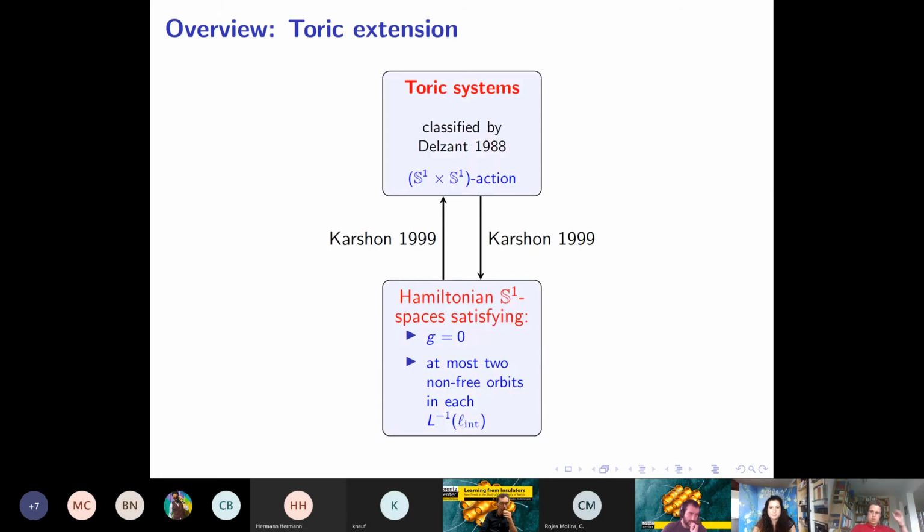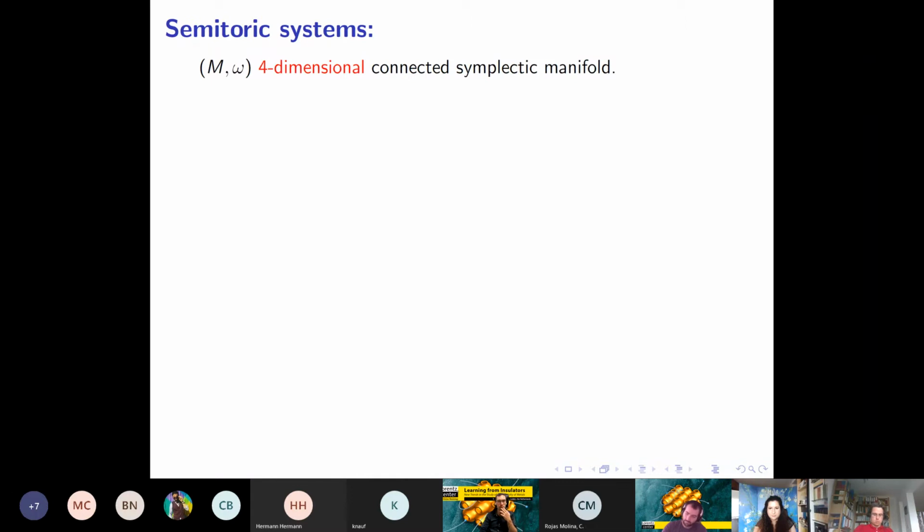So the main point is then that here at least, just seeing once again the slide, we now know what the toric systems are, and under certain conditions, Karshon managed to lift, and when she projected, she also found these conditions back. So let's now be a little bit more practical and admit more systems, also from physics.